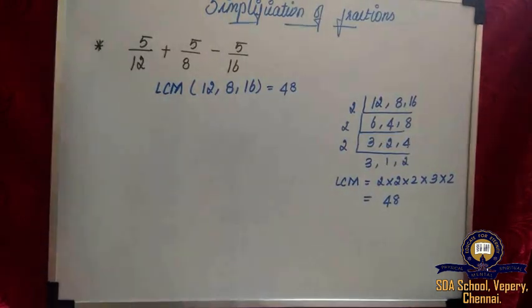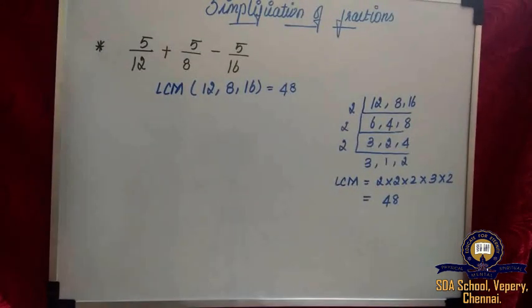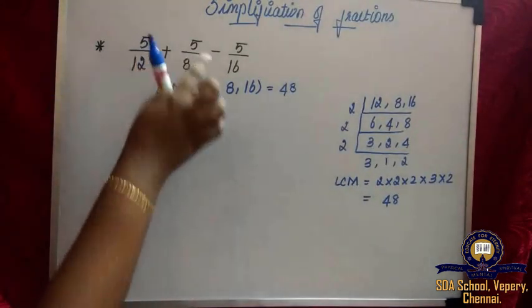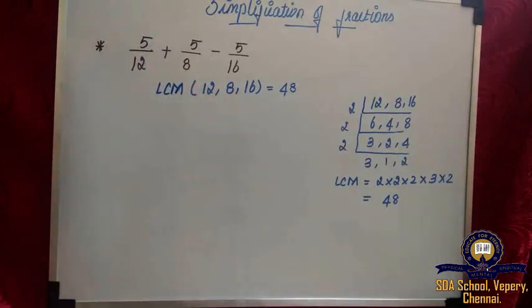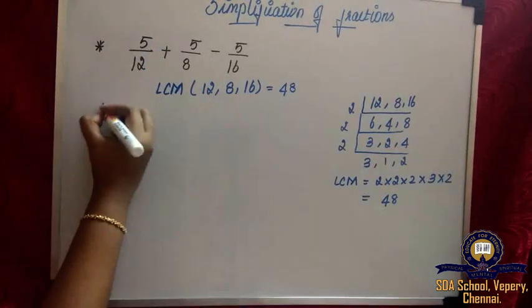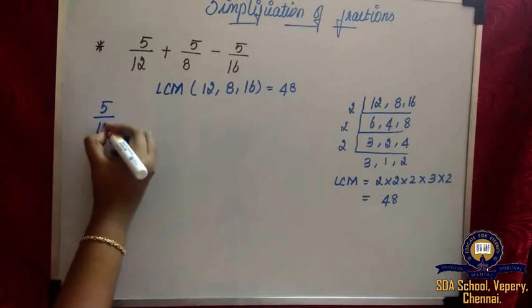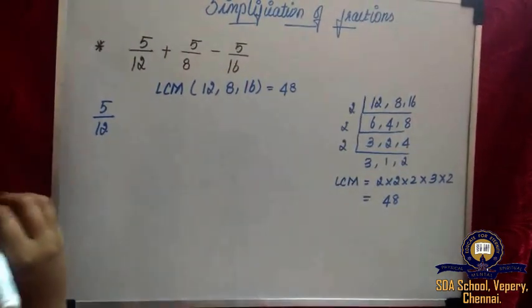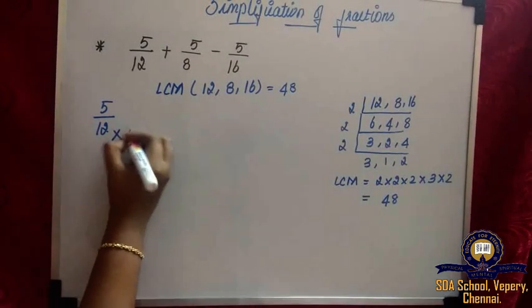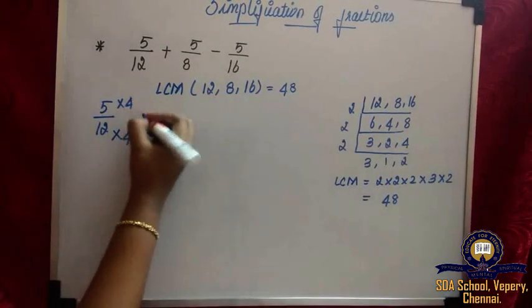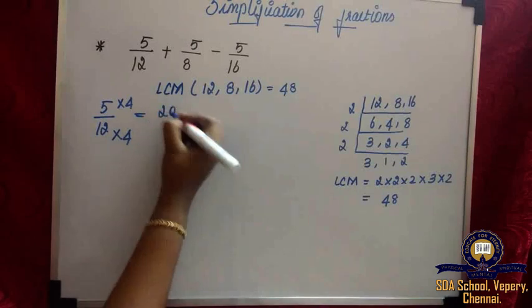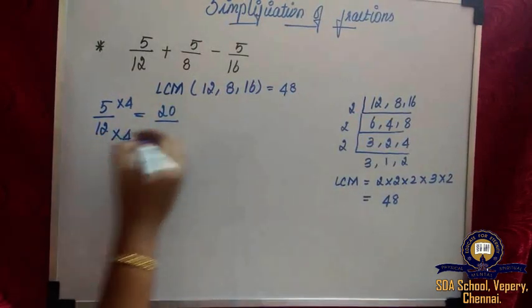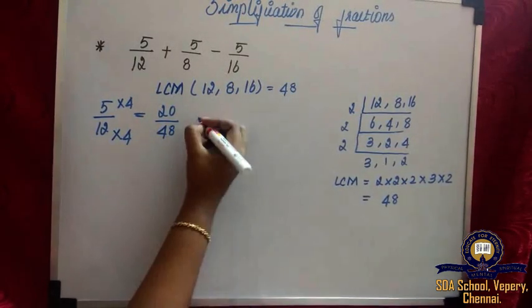We need to multiply the numerator and denominator of each fraction by LCM divided by the denominator. So the first fraction is 5 by 12. So 48 divided by 12 is equal to 4. So we need to multiply the numerator and denominator by 4. 5 fours are 20. 12 fours are 48.